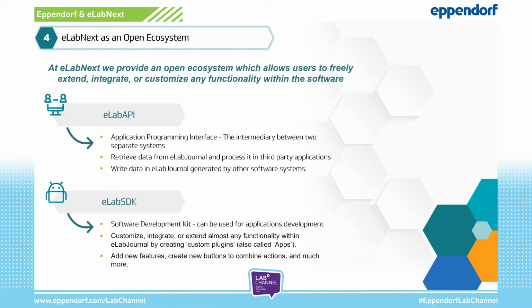So you can maybe, for example, add new features or create new buttons or maybe combine functions and many more options in order to make it more tailored to fit the needs that you have for your specific workflows. The APIs used together with the SDKs will allow your team to customize and extend the functionality of eLab Journal depending on the needs of your lab.